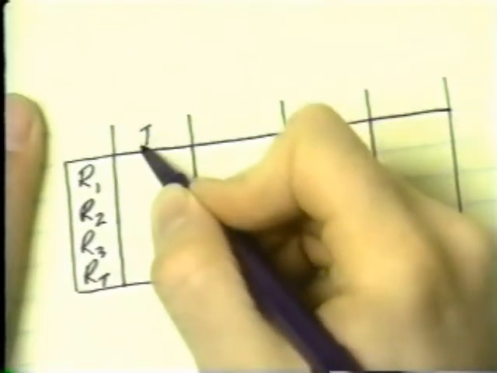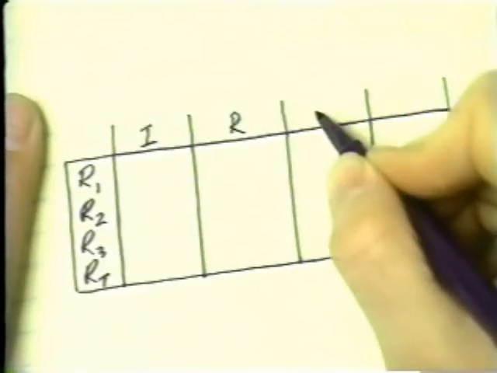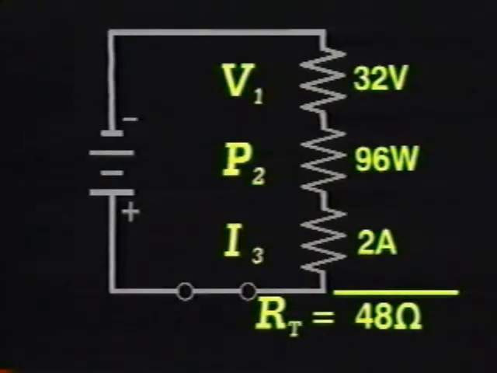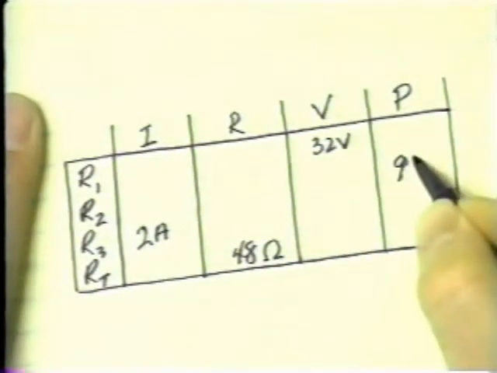Label the rows R1, R2, R3, and R total, and the columns I, R, V, and P. The known values in this circuit include V1 equals 32 volts, P2 equals 96 watts, I3 equals 2 amps, and RT equals 48 ohms. Keep in mind that these values are being used for clarity in this example and would not be found in actual circuitry.